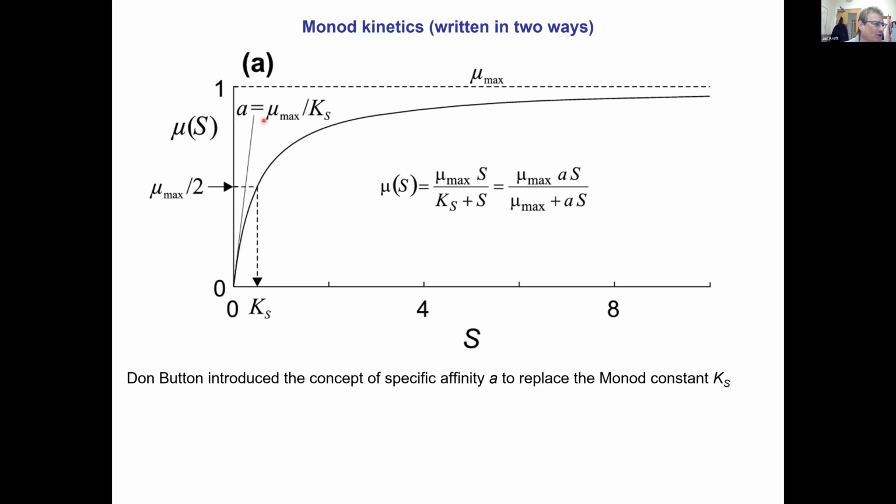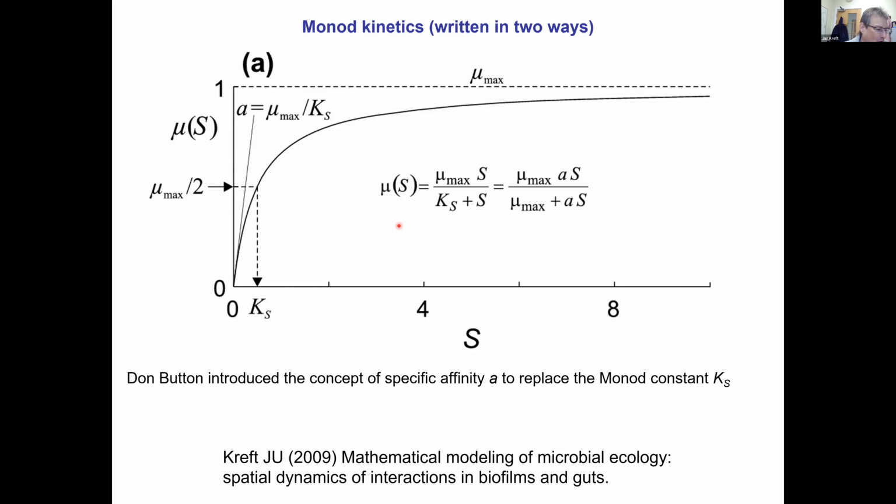So you can write this function in terms of two parameters, either the initial slope and the maximum level, or Ks and the maximum level. There are some advantages in using the initial slope because this measure is independent of mu max, whereas Ks you can only derive when you know mu max, which isn't always the case. More on this in the book chapter that I wrote some years ago, that you can read.